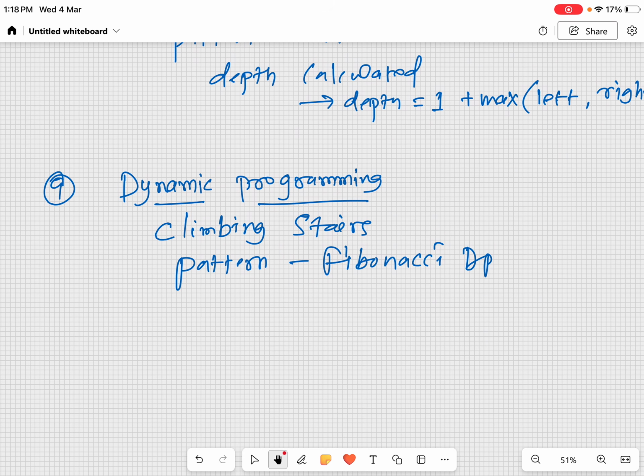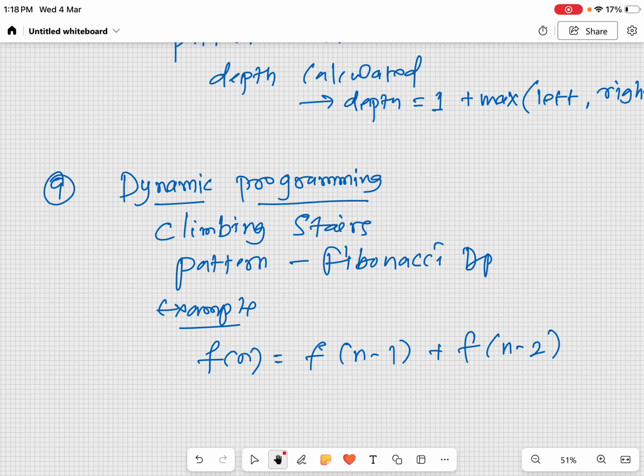Dynamic programming is used when problems have overlapping subproblems. For example, f of n equals f of n minus 1 plus f of n minus 2. Correct. So these are the techniques or patterns we can use to solve DSA problems. So instead of going through all the 200 problems, you can easily remember these patterns and solve most coding interview problems quickly. Correct.